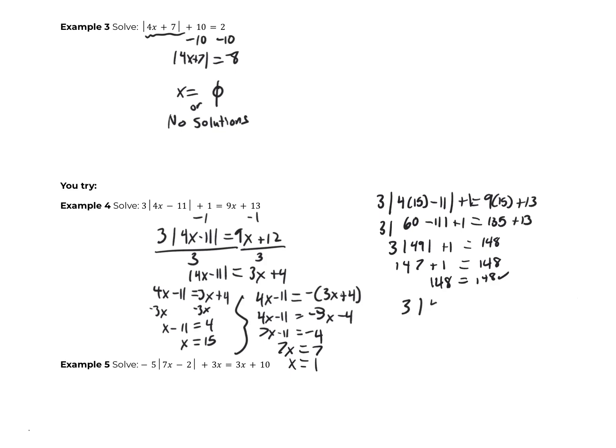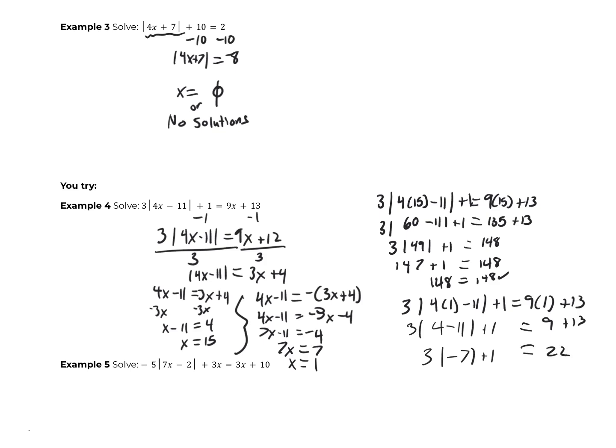3 times the absolute value of 4 times 1 minus 11, plus 1, equals 9 times positive 1 plus 13. All right, let's try this again. 4 times 1 is 4. 9 times 1 is 9. 4 minus 11 is negative 7. 9 plus 13 is 22.